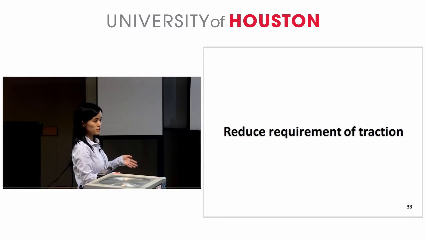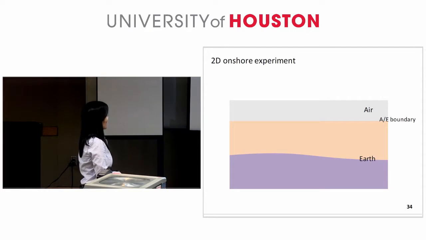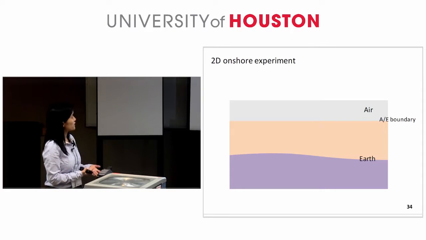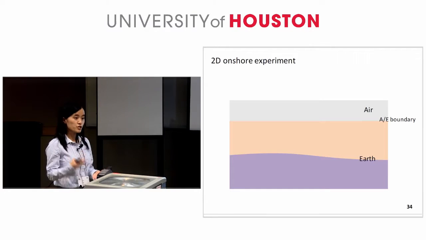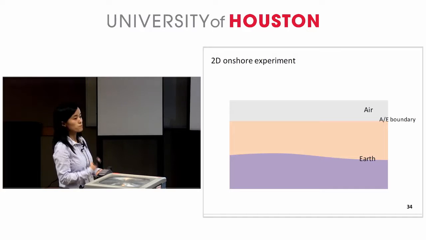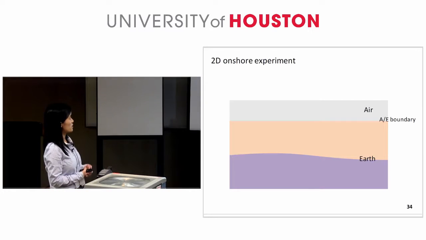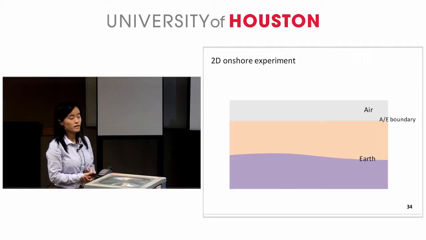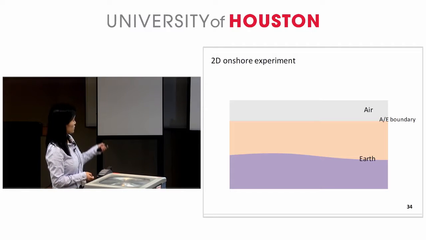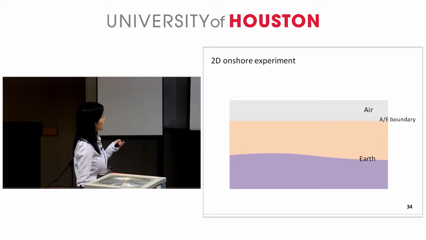This work is responding to the limited onshore acquisition. Here, I'd like to use a 2D case to show you how we achieve that traction requirement reduction. And this method is applied to the 3D case also. This is a land experiment. You have an air half space.